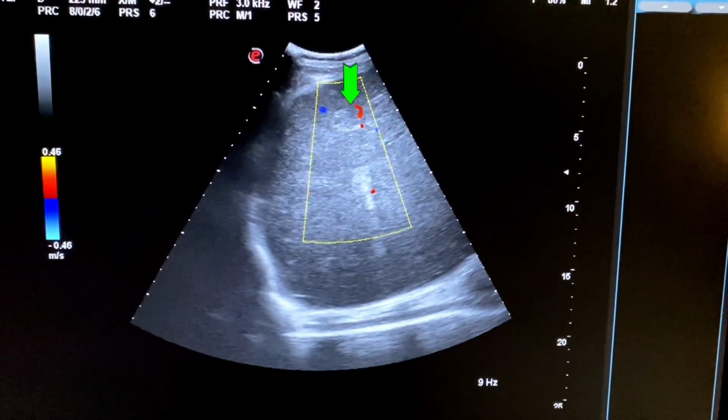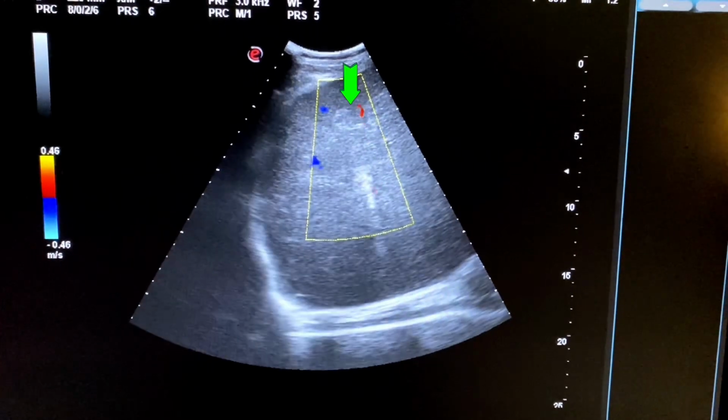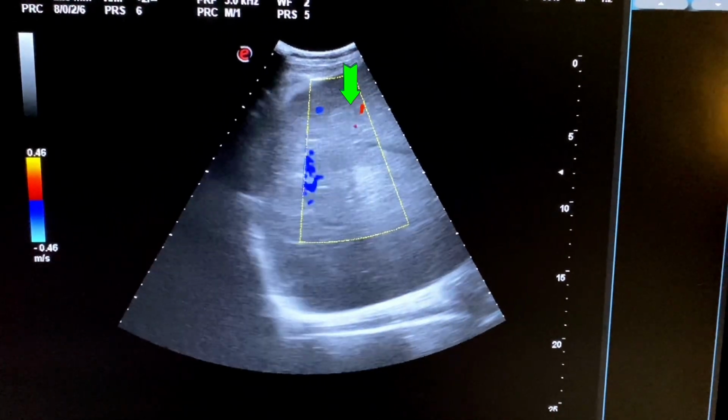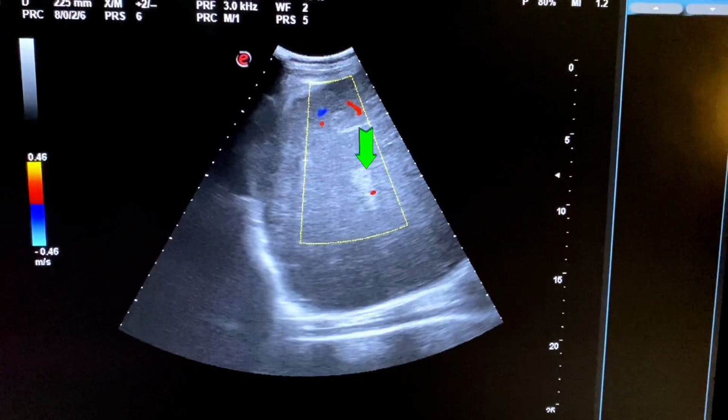Now on color Doppler we see no flow in the mass but peripheral flow is present.